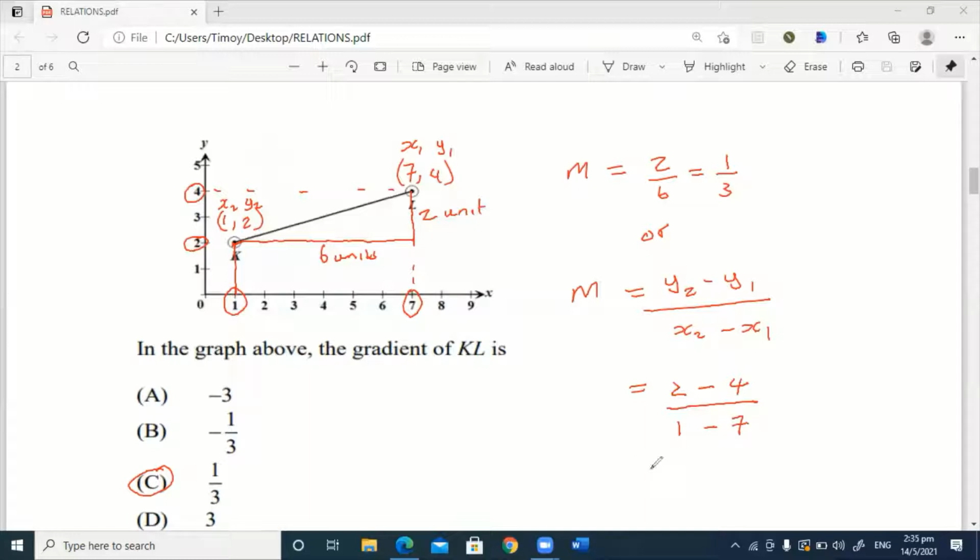Then we subtract. What is 2 minus 4? That's going to leave us with negative 2 over 1 minus 7. That's going to leave us with negative 6. Then we reduce this, the negative will cancel the negative, and 2 over 6 is the same thing as 1/3, right? So you see both methods would give us the same answer.